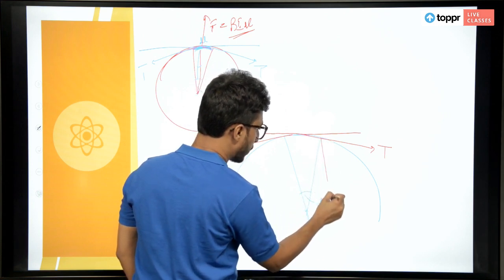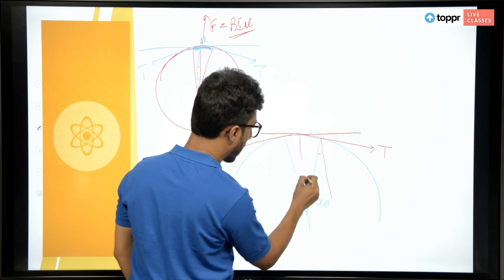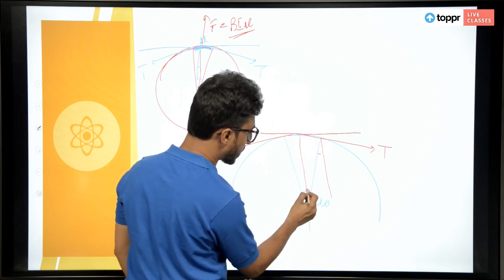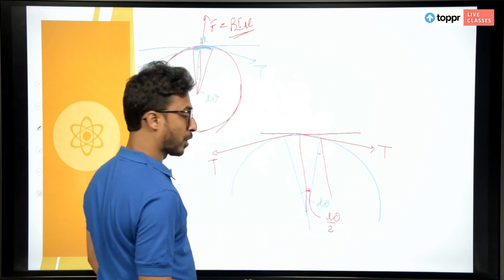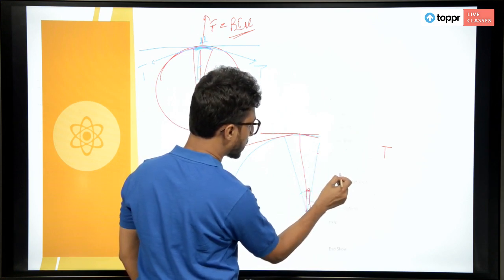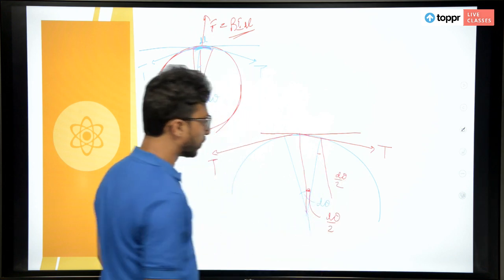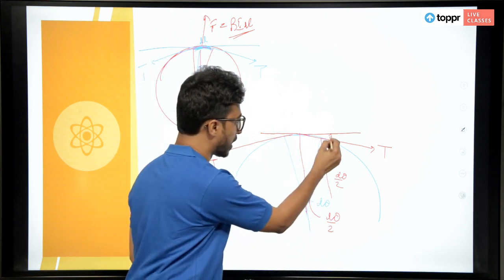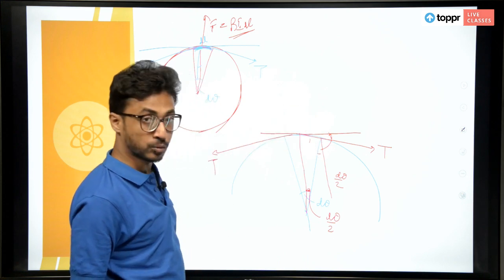If you draw a perpendicular line, this is d theta. So this red will be nothing but d theta by 2. So this will also be d theta by 2, right? This portion is also d theta by 2. Now this is 90, as it is a tangent. The whole angle is 90 plus d theta by 2.